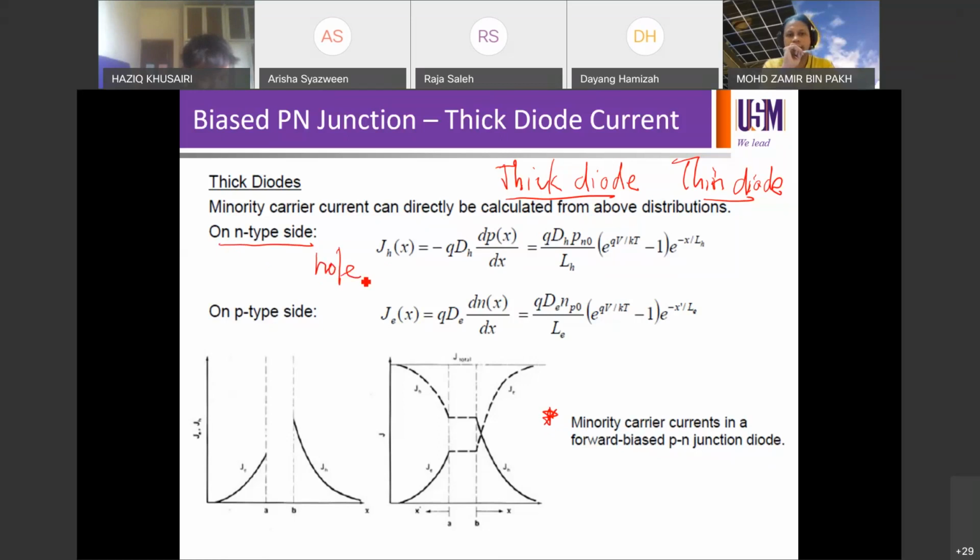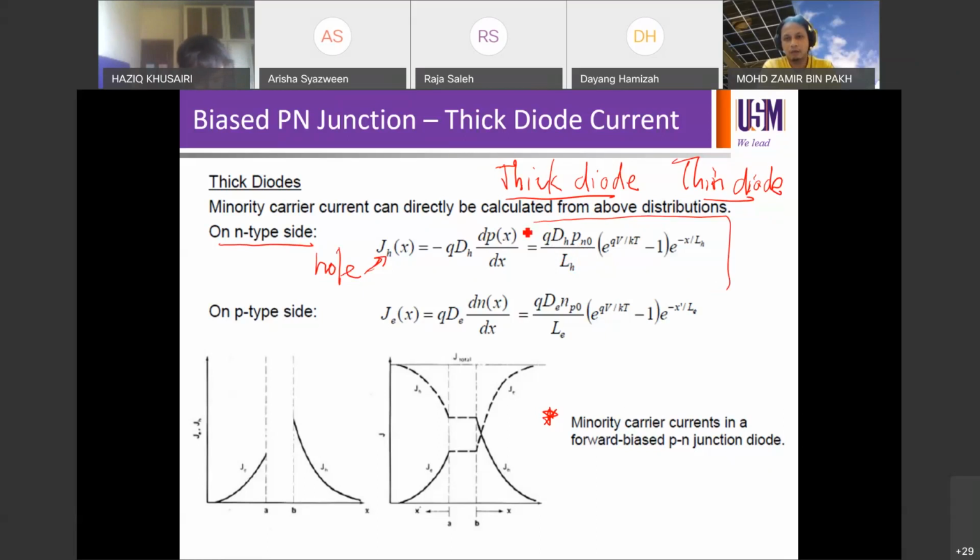Okay, and we learned that the dominant current in this condition will be the diffusion current, and therefore JH is given by QDH dp/dx, and can also be given by QDH, the diffusivity of the hole, times the minority carrier concentration of the hole over the diffusion length.